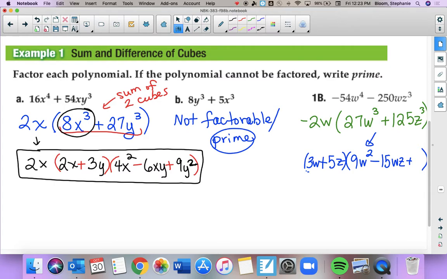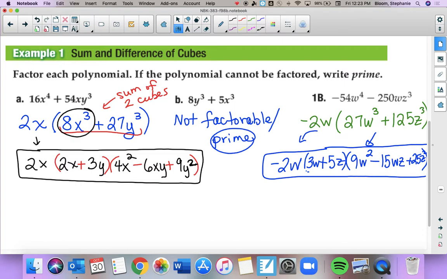And what do you get when you square 5Z? 25Z squared. And then I bring down negative 2W. Can I factor that trinomial right there? No, remember, always the answer is no. It's non-factorable when you do sum and difference of cubes. Okay? Any questions about that?